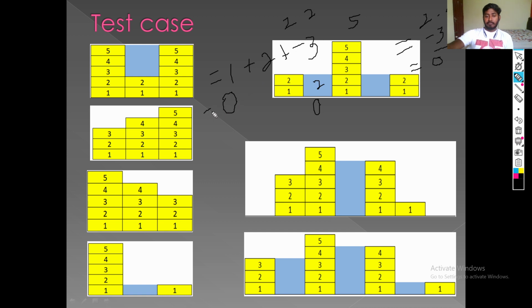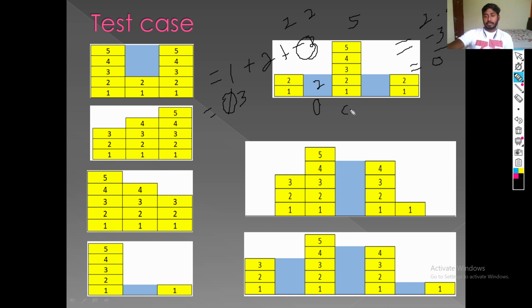But we should not take that as minus 3. Instead of minus 3, we make it 0. So the water storage capacity will be 3. Whenever the value comes lesser than 0, we have to consider it as 0. That is the main concept.